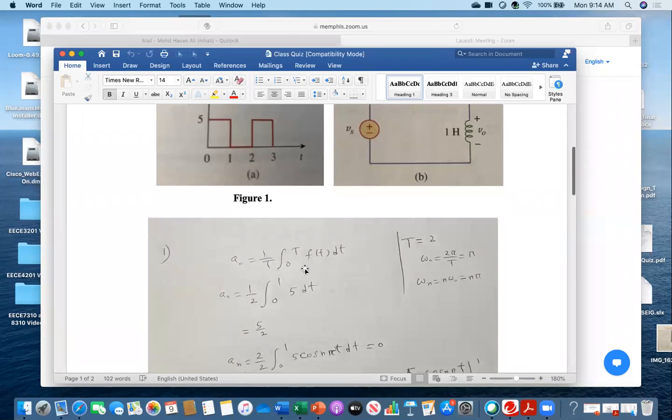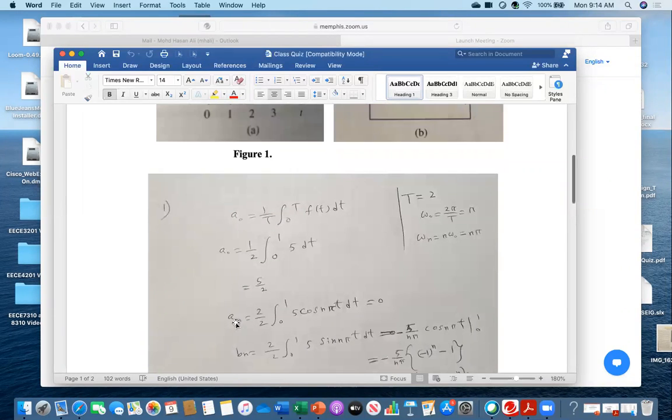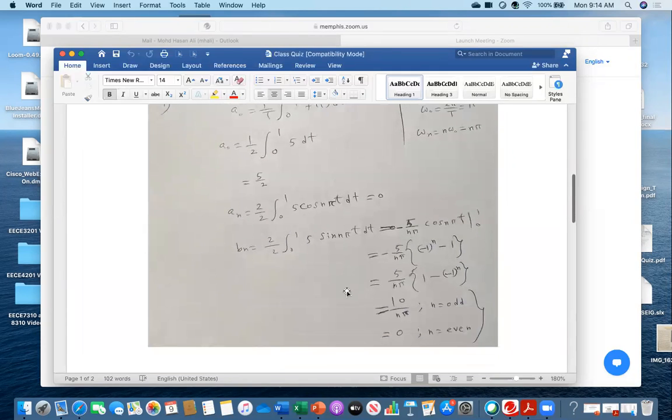So I just put the function of dt, so 5 dt. Ultimately after integrating, a naught is 5 by 2, and an becomes 0, because this is cos n pi t. After integrating, it will be sine n pi t, and once you put the limits, sine n pi will be 0. So ultimately an is 0.